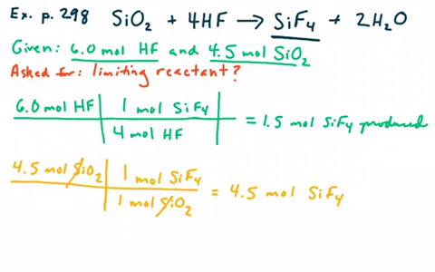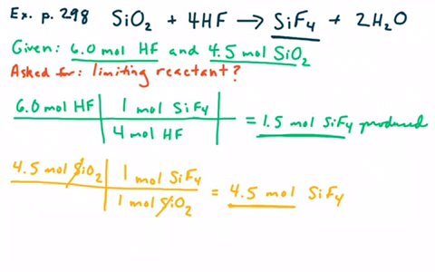Now we have to compare the amounts of products that each reactant made. When starting with silicon dioxide, if we used all of it, it would result in 4.5 moles of silicon tetrafluoride. However, if we started with our hydrofluoric acid and used all of it, we would only produce 1.5 moles of silicon tetrafluoride.